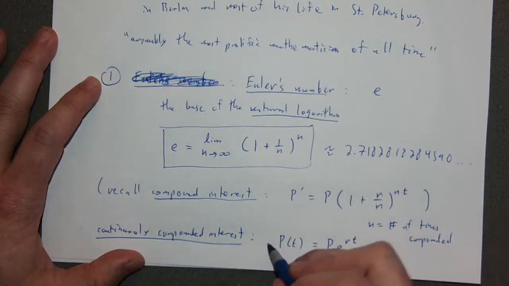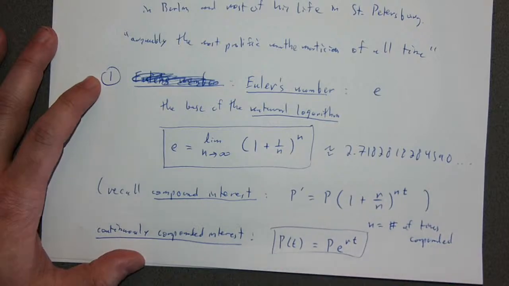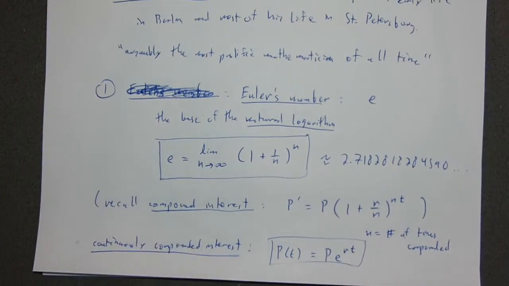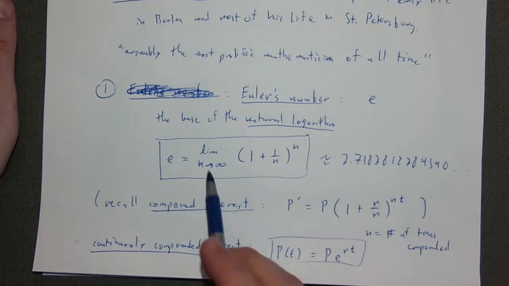This arises from this limit. The reason why e crops up as this limit you could think of as being related to the limit you take going from periodically compounded interest to continuously compounded interest. So that's one natural way of seeing where that limit shows up. But it turns out that this limit is e.